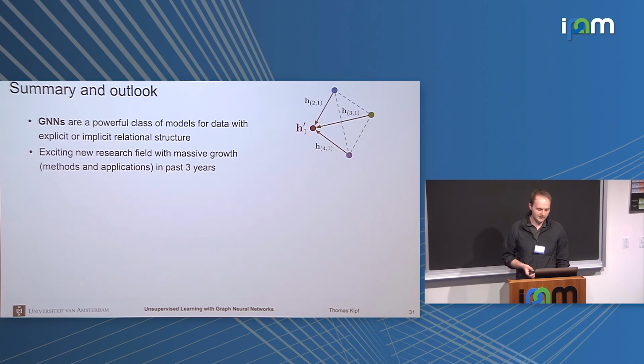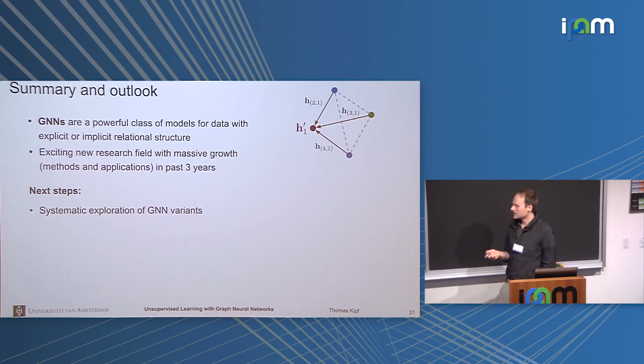It's so massive that when I started my PhD, there were like 6 papers in this domain 3 years ago, and by now, the last time I checked, it's over 1,000 papers. So there has been massive growth in the last 3 years, which is very exciting. But it's also dangerous, in that many results are basically reinventing things that are happening in parallel. So we also have to be careful in terms of benchmarks and these kinds of things.